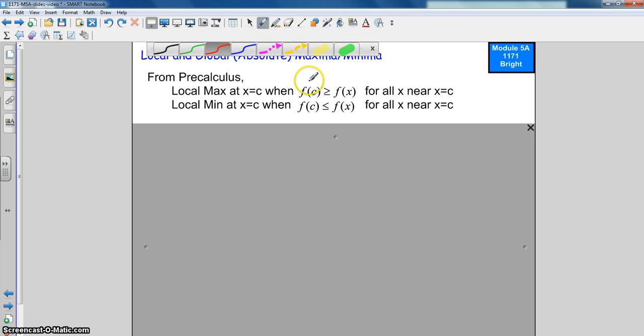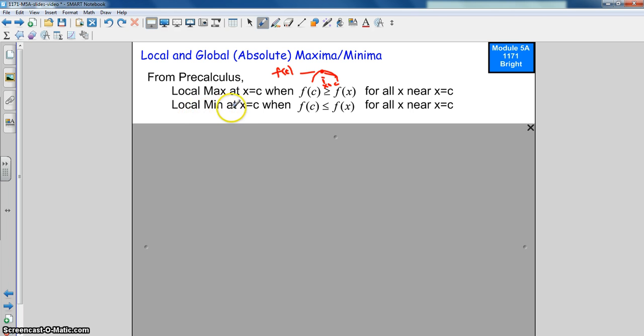So think of this as just a hill, say f of c, and if we look around it, for all x near x is equal to c, this would be x is equal to c down here. If it's higher than the rest, then it's a max.